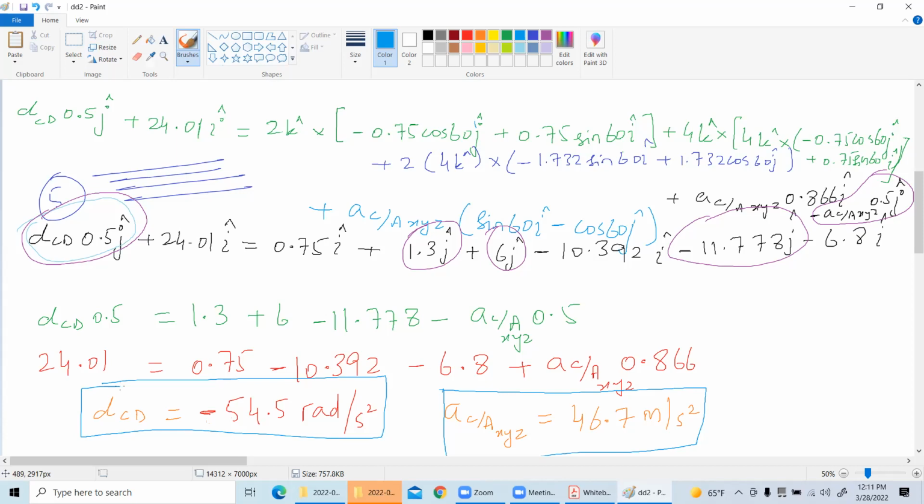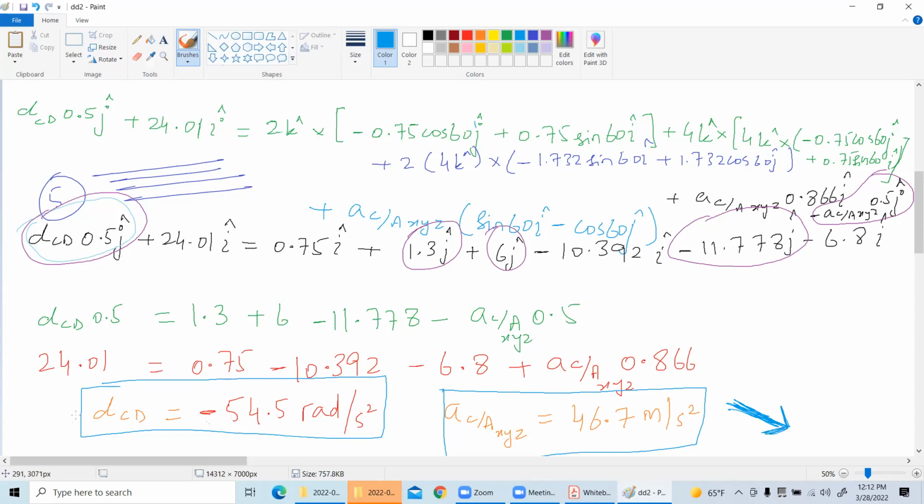Oh, wow. For alpha, our assumption is wrong, right? So what was the assumption for alpha? For AC in the XYZ frame, this assumption is correct. I said that it is outward and it is outward. So this assumption is correct.